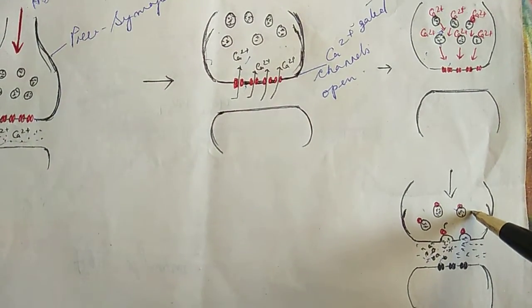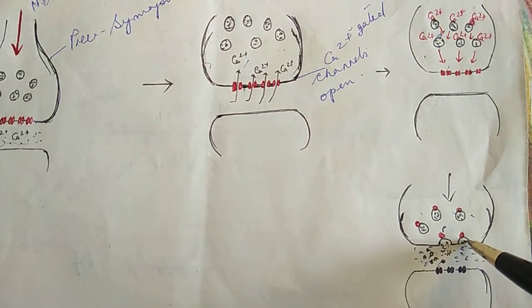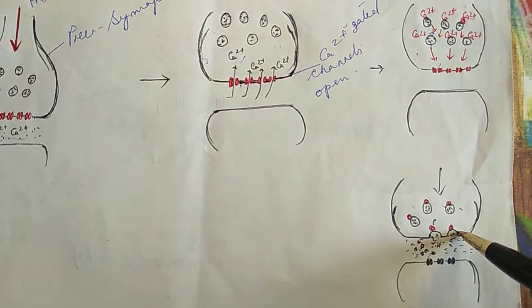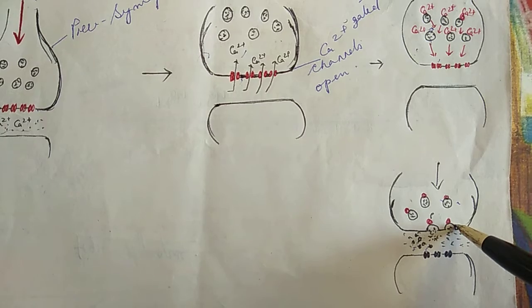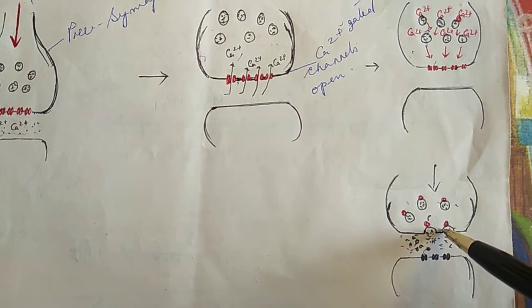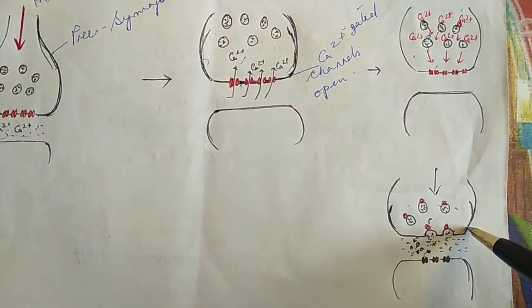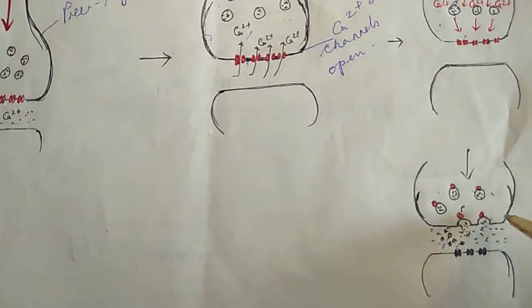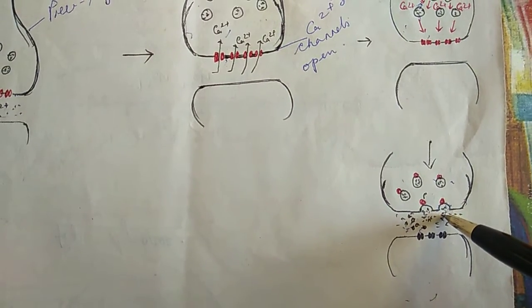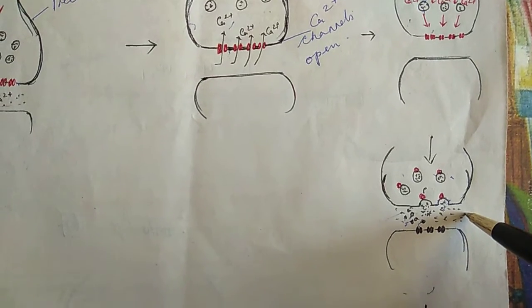When the synaptic vesicles reach the presynaptic membrane, they fuse. The synaptic vesicle membrane fuses with the presynaptic membrane. As a result, the neurotransmitters are released into the synaptic cleft.